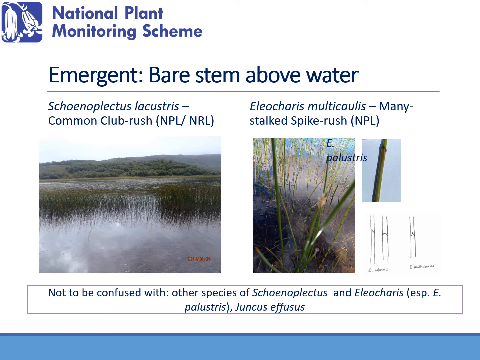So in Eleocharis palustris, as illustrated, the profile at the top of that sheath is more rounded. But in Eleocharis multicaulis, it rises up to a point. And for those of you who are old enough to remember Osmiroid pen nibs from school days, the shape of the sheath is very reminiscent of an Osmiroid pen nib.